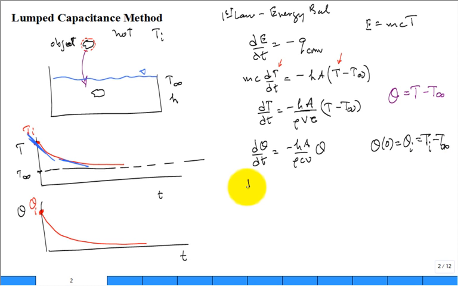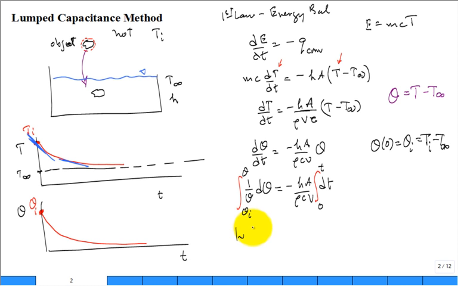We get 1 over theta d theta equal to minus hA over rho c V times dt. When we integrate, all those terms go outside the integral. We integrate 1 over theta. We go from the lower limit, theta initial, to any future theta, time initial 0 to some future time t, and you incorporate the boundary conditions that way.